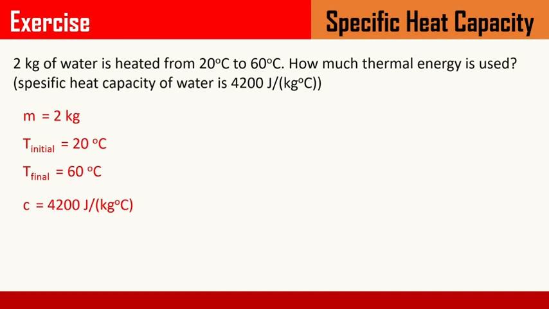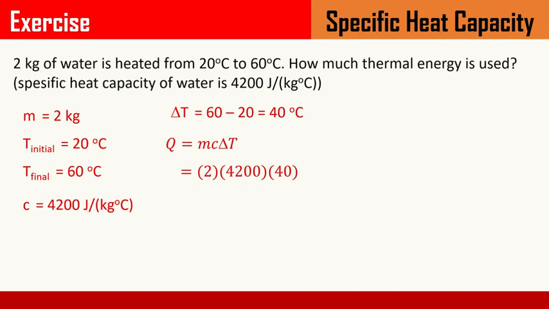So it's joule per kilogram degree Celsius. Before we continue, make sure the units are the same. Look at the specific heat capacity unit. It's in kilogram. We have the mass in kilogram. And we have degree Celsius also. So, no need to convert. You have to find the delta T. And the Q is m c delta T. Substitute everything. That's the thermal energy.